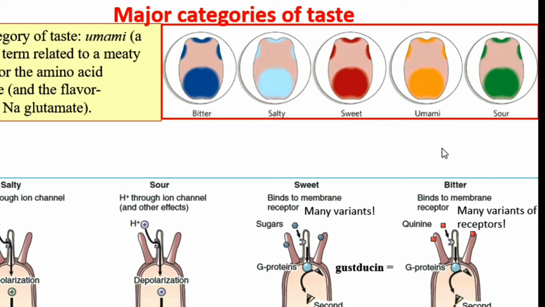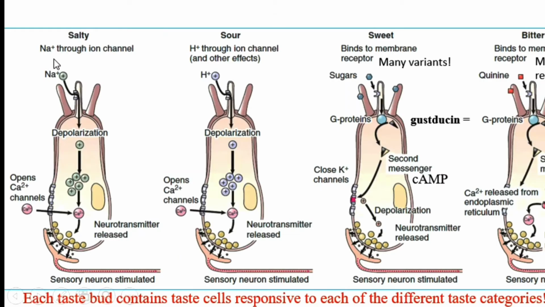And in here, there is a mechanism for the taste. If it is salt, salt is NaCl, so it has Na and also Cl. And Na is responsible for this mechanism, which I want to tell. Na is an ion, and it is small. So in here, there is a receptor. It will come inside the cell. It is Na plus, which means it causes many positive ions in here, and finally depolarization happens.